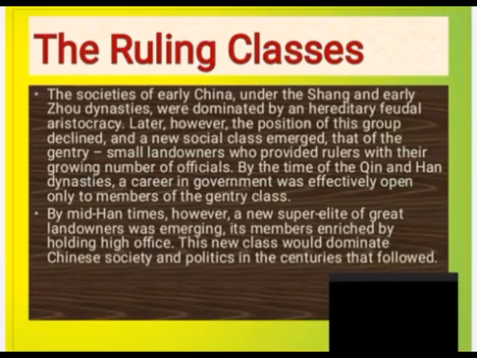By the time of the Qin and Han dynasties, a career in government was effectively open only to members of the gentry class. By mid-Han times, however, a new super elite of great landowners was emerging, its members enriched by holding high office. This new class would dominate Chinese society and politics in the centuries that followed.